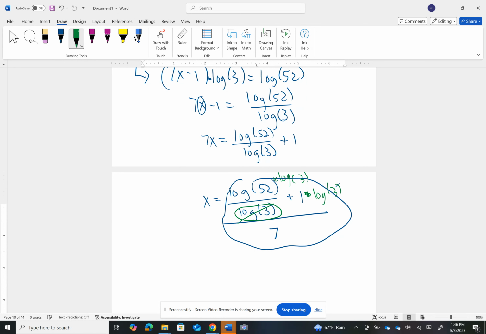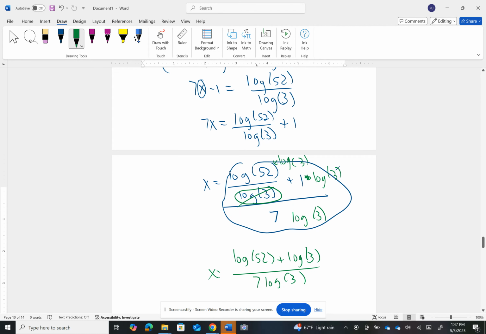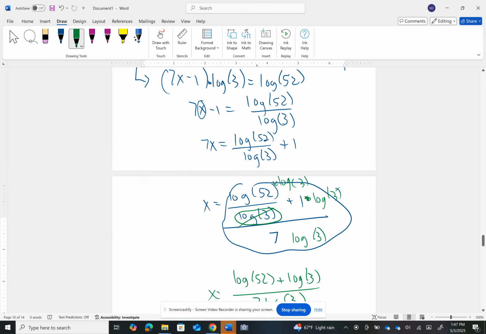So it would knock out the log of 3 and leave you the log of 52 plus the log of 3 on top. But if you multiplied the numerator by log of 3, you'd also have to multiply the denominator by it. So those kinds of things can happen if you have like a correct, but a way of approaching it that leads to a different looking answer. You'd have to be able to see that they're really equivalent.